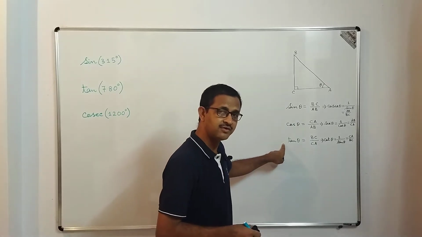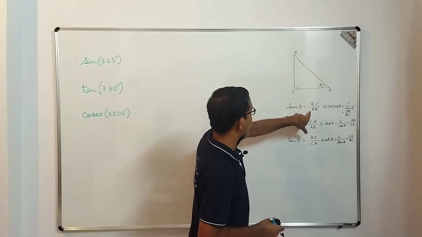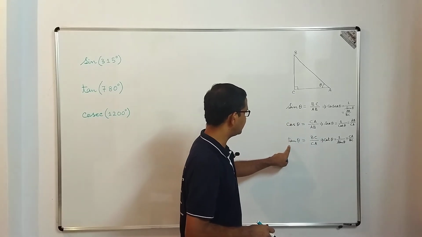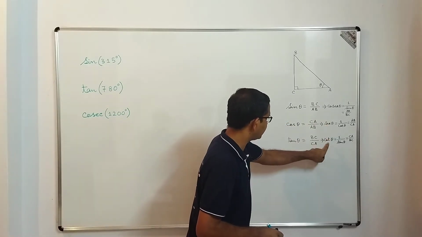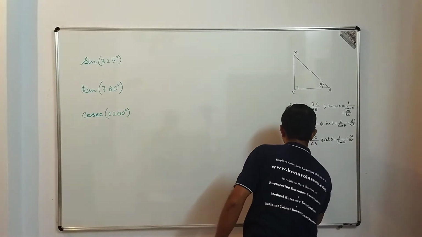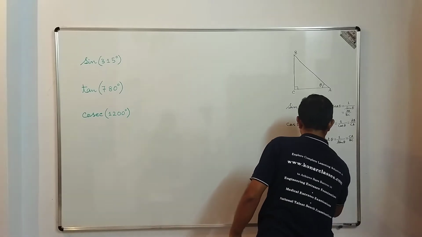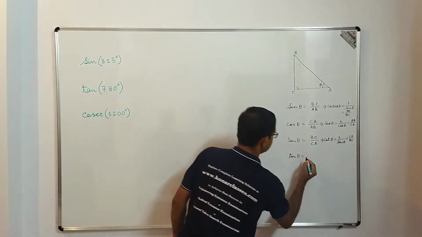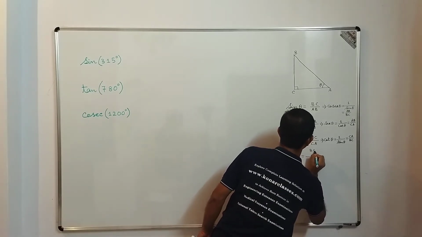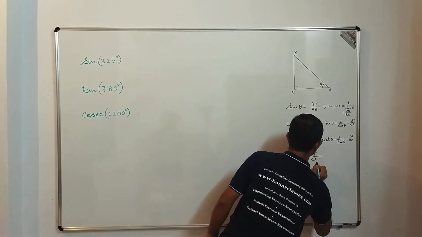Why do I use the word ratio, dear students? Because it is the ratio of the lengths of two sides of a right angle triangle. Sin theta, cos theta, tan theta, cosec theta, sec theta, cot theta. Now one thing we can also find out: tan theta is equal to BC by CA, right? Instead of BC by CA, we can write BC by AB divided by CA by AB.